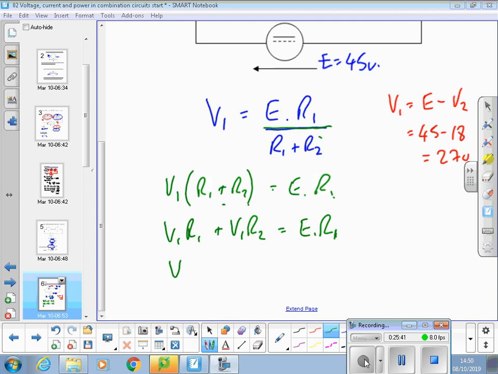If we subtract V1R2 from both sides, what do we get then?